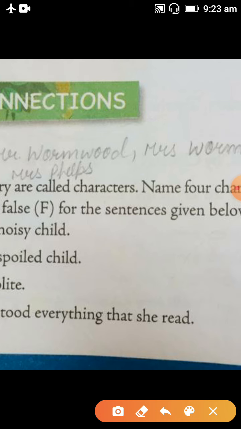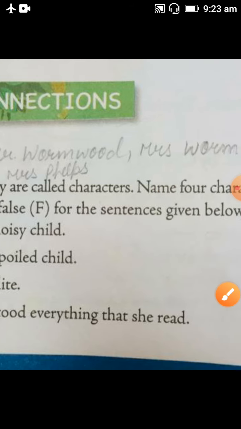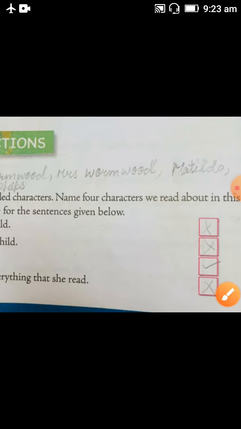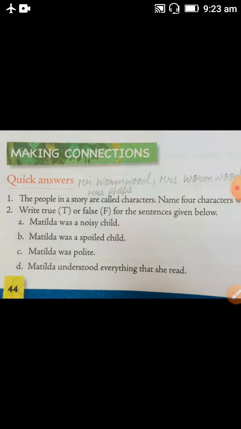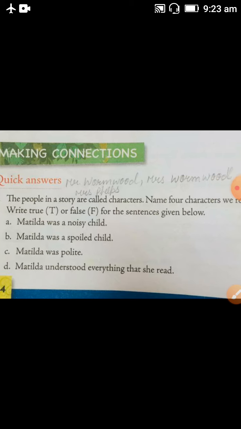So this is false. So here it is, students, you can see true and false. Now come to the next page.